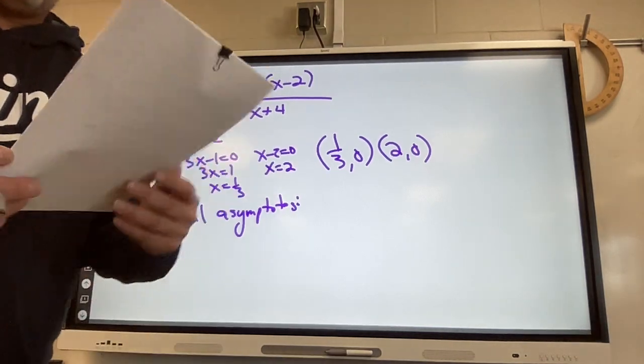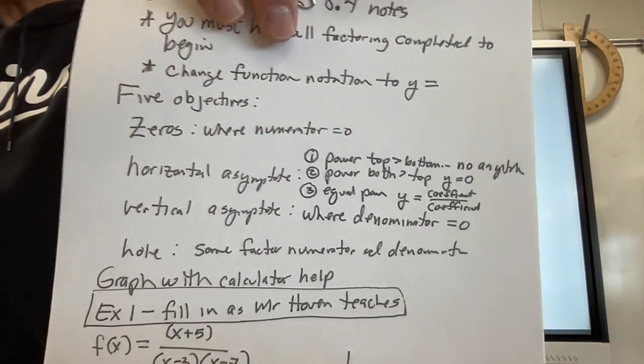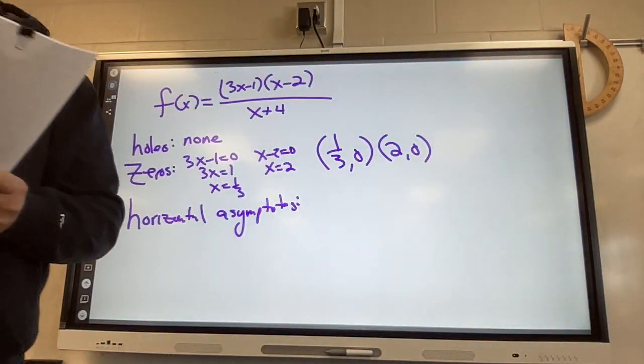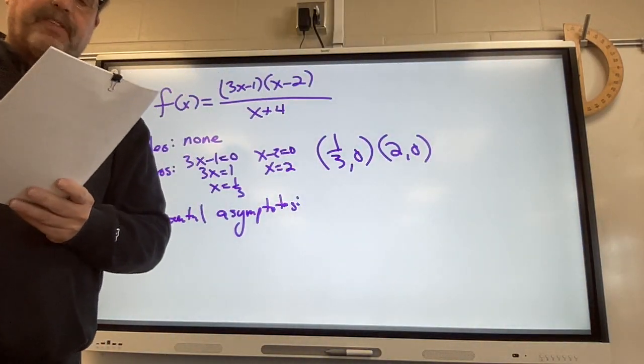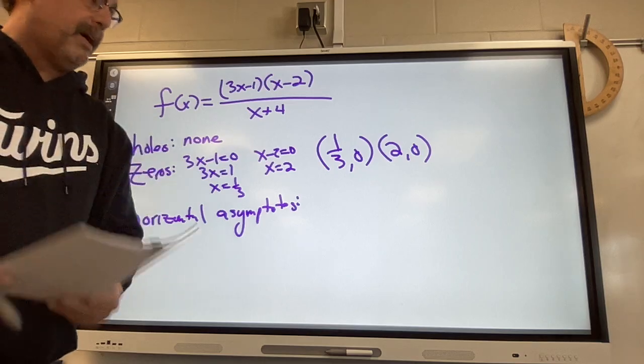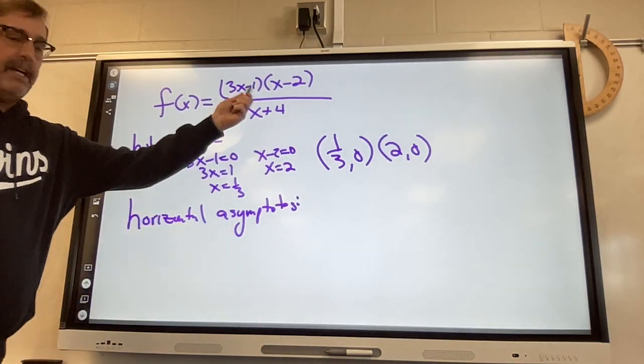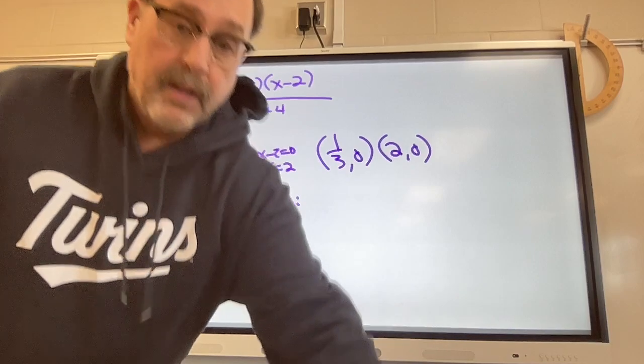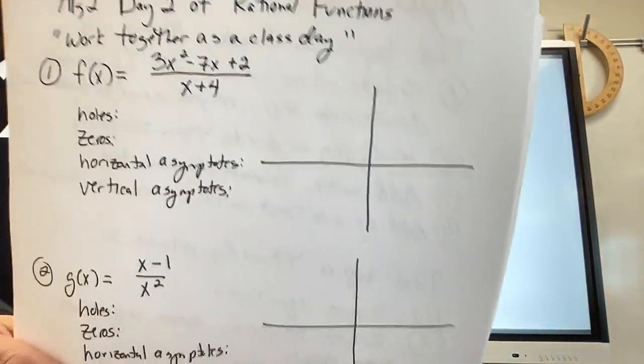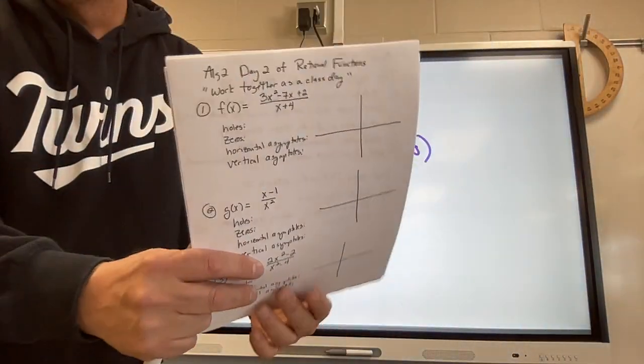And now I am reading off of yesterday's directions. And yesterday's direction says, if the power of the exponent, the degree of the top is bigger than the bottom. Let's look at the original problem. The degree on top is 2, the bottom is 1.